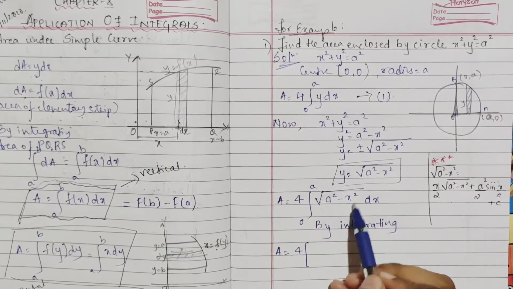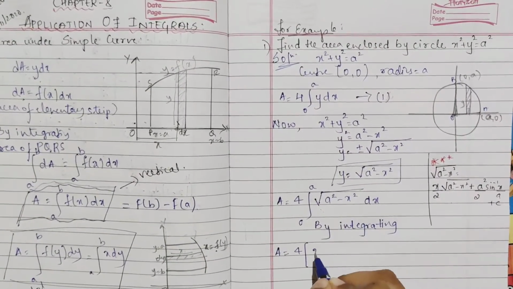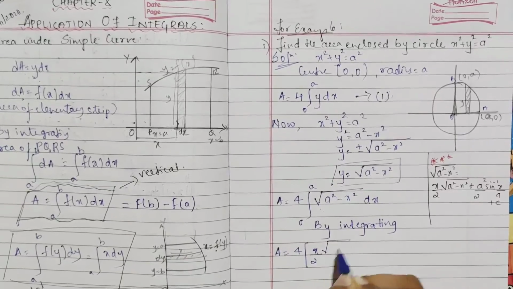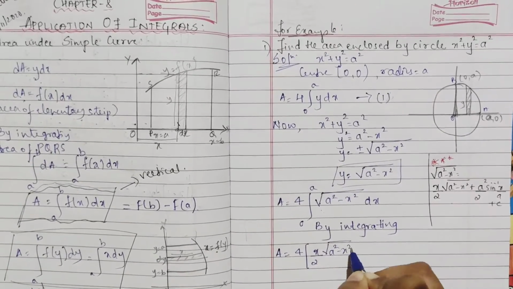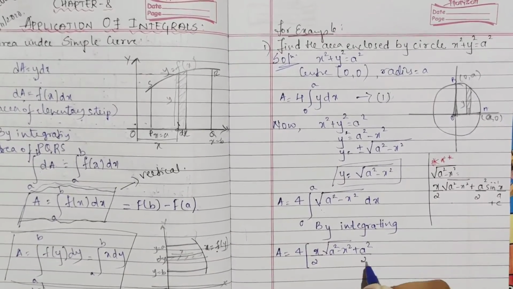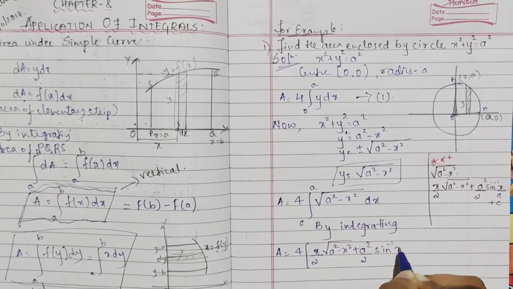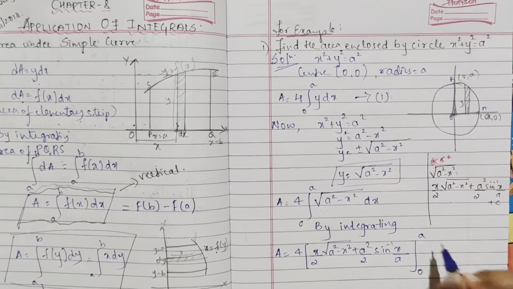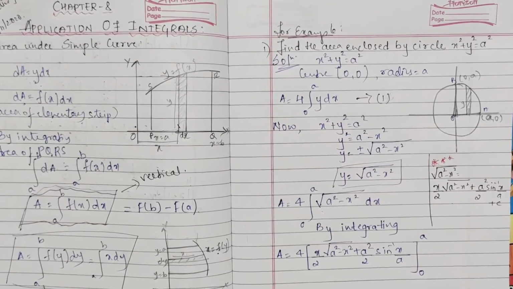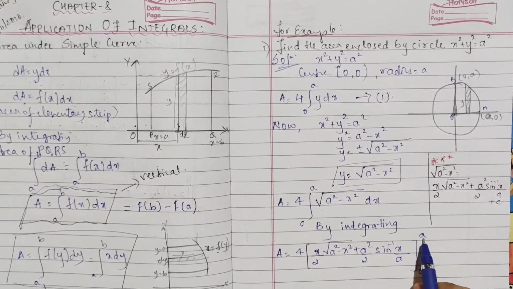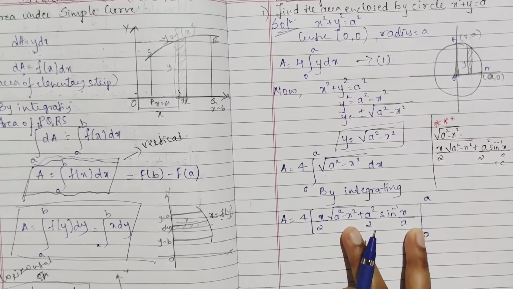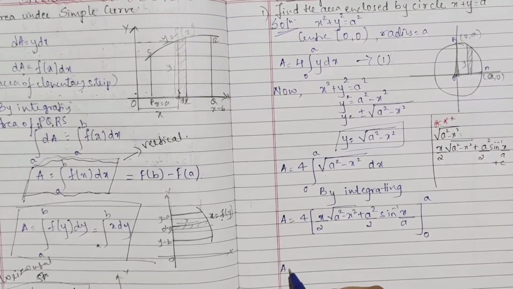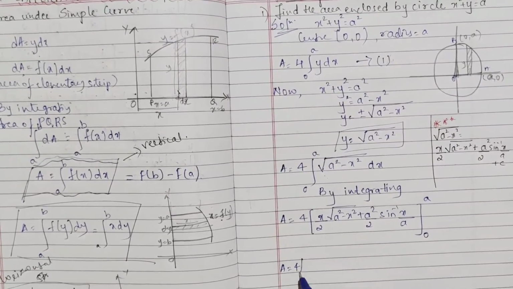So root of a square minus x square integrates to x by 2 root of a square minus x square plus a square by 2 sine inverse x by a, and the limits are from 0 to a. So you apply the upper limit minus the lower limit. a is equal to 4, which you keep as it is.